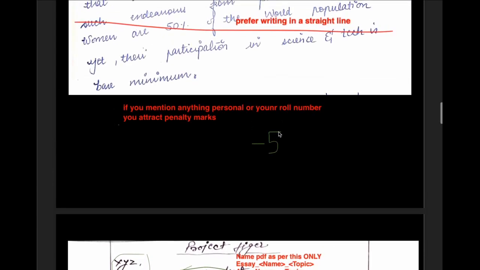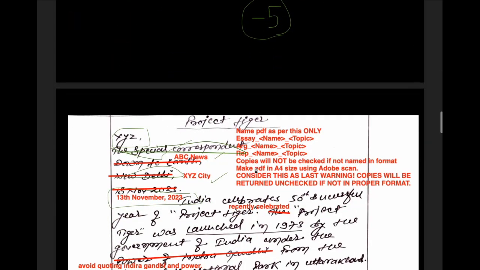So if you say anything personal, if you reveal your roll number, if you write in the report or essay that I am from so and so college and I did this or that thing, that is a violation of UPSC rules. You will be awarded -5. Please do not commit such errors. That is why this session is focused on what not to do.